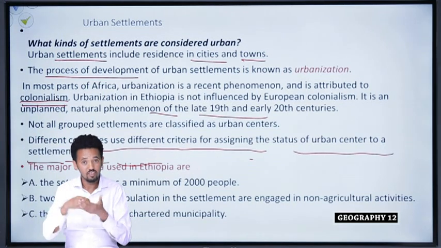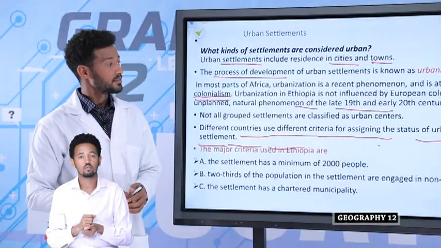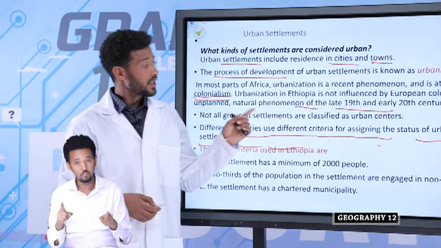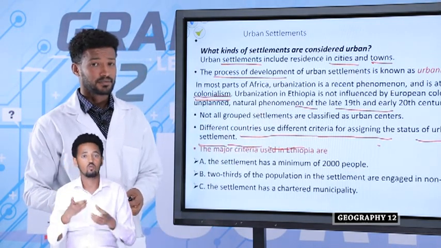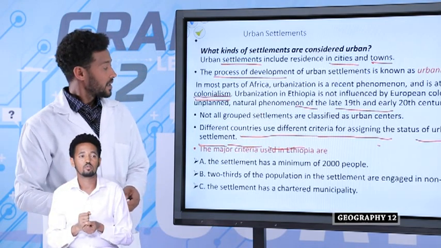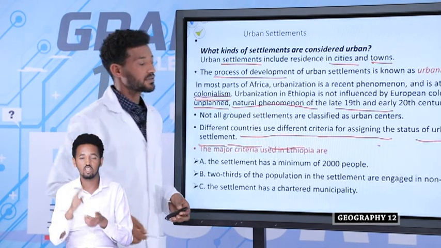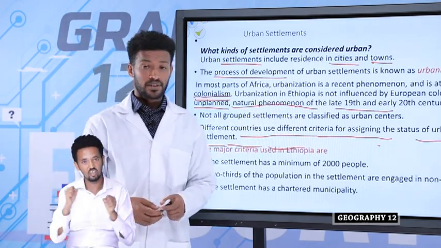Urbanization in Ethiopia is also similar to this, but it's not influenced by European colonialism. It is an unplanned natural phenomenon of the late 19th and the early 20th centuries.